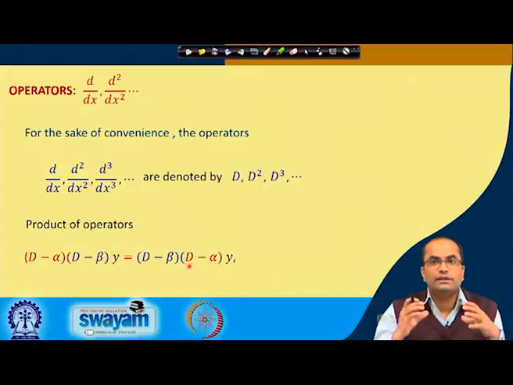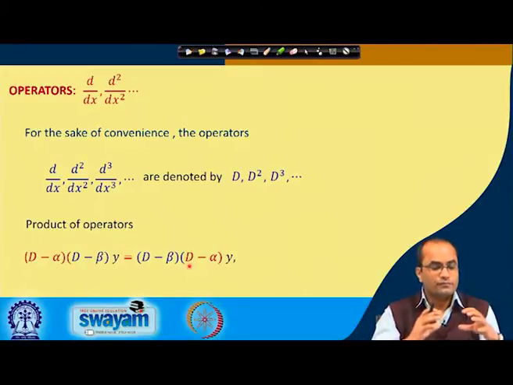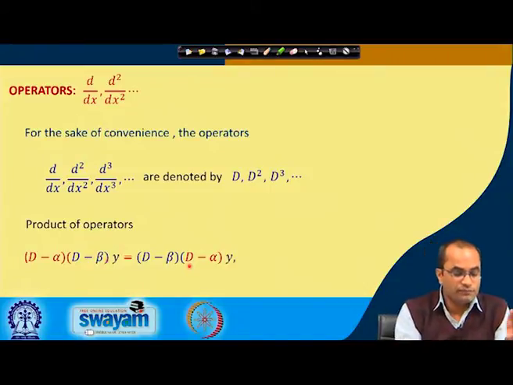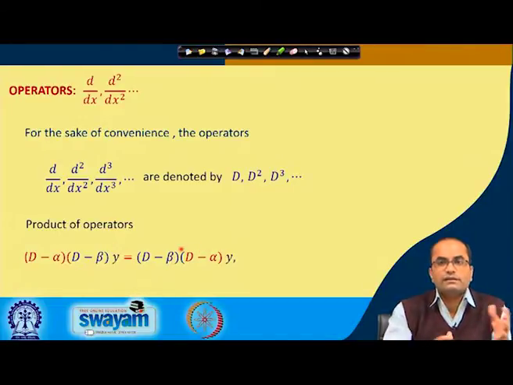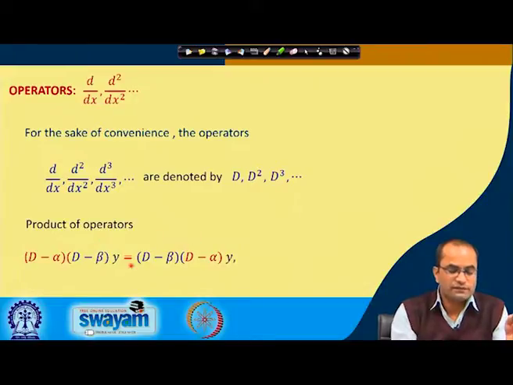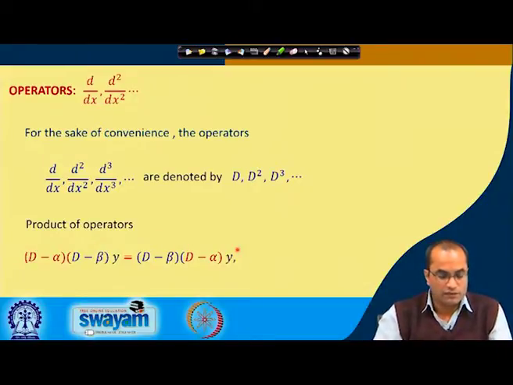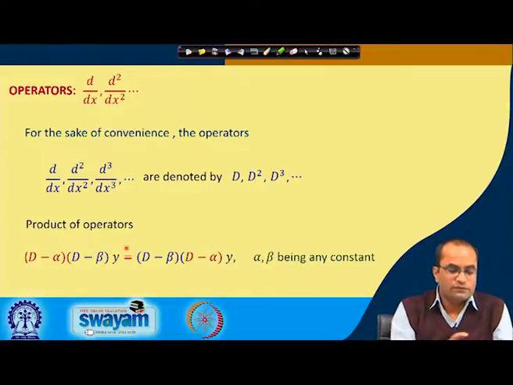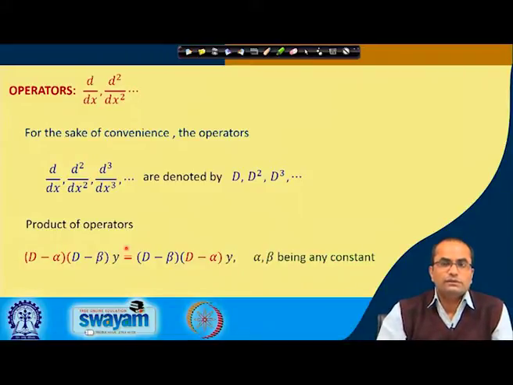The product is the same whether we first apply D minus beta or D minus alpha; it does not matter. The left hand side and the right hand side are the same, for any constants alpha and beta. This is a very important fact which will be used in the following lectures to discuss the solution of differential equations.